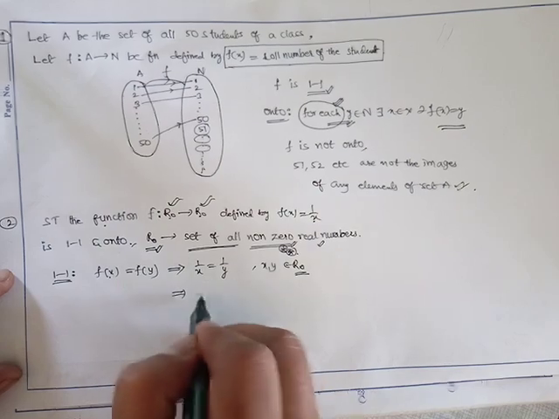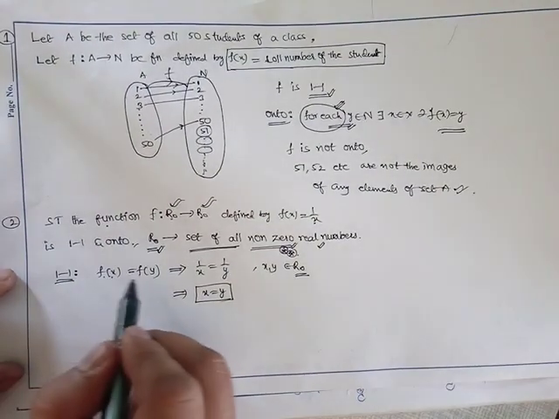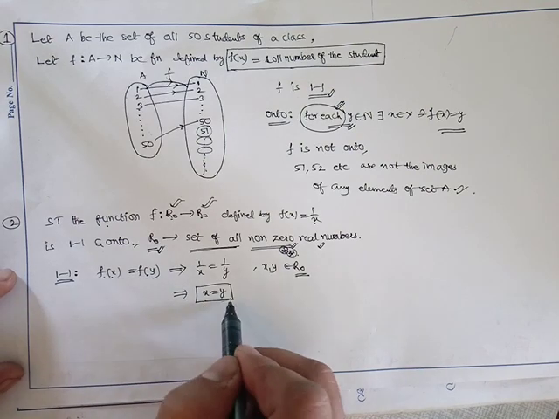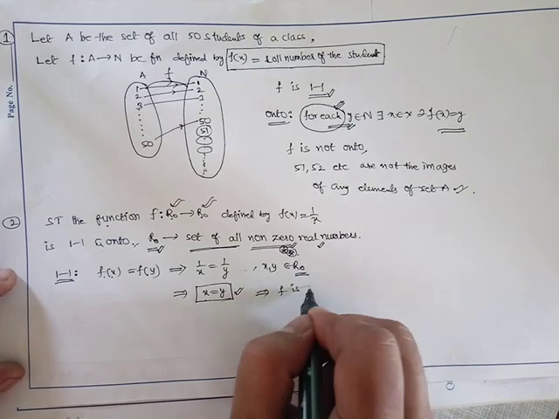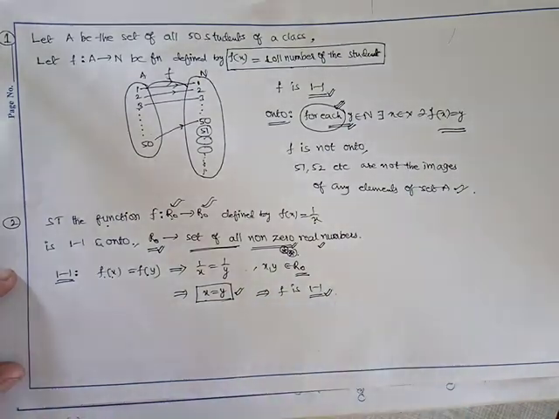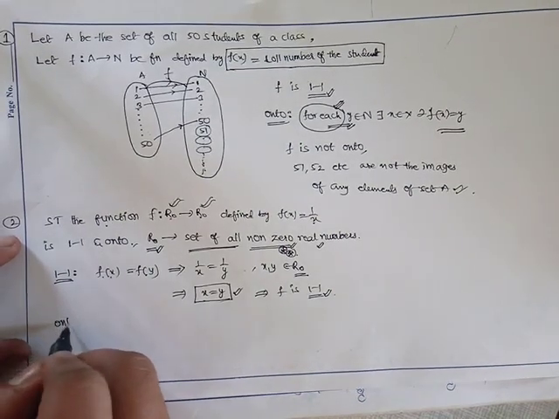Now let f of x be equal to f of y, then we are getting x is equal to y. So this implies f is one-one.